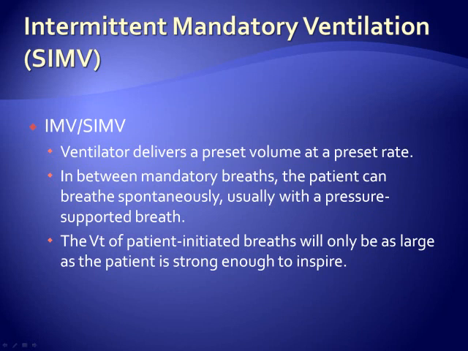So the ventilator would deliver the 10 and the patient would have to actually breathe in the extra 8 all by themselves. So that's the difference between assist control and SIMV. Assist control is going to support every breath, machine-initiated and spontaneous. SIMV is only going to support the machine-initiated breaths. The spontaneous breaths will have to be what the patient can draw in by themselves.